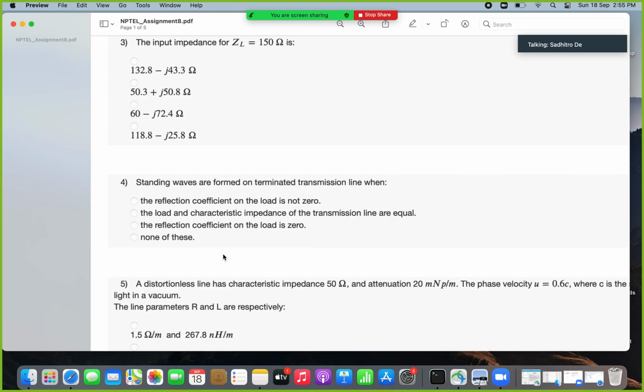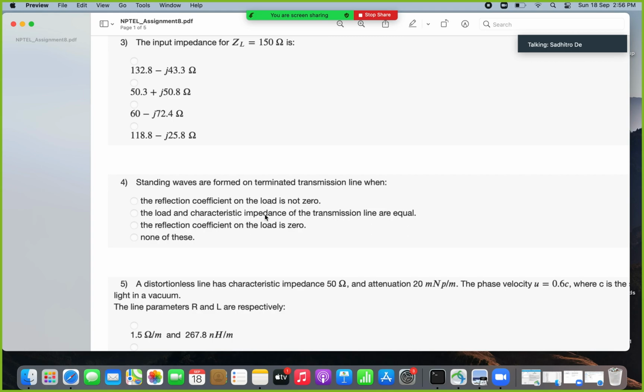So you said that standing waves are formed because of... correct.